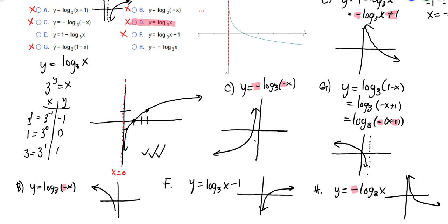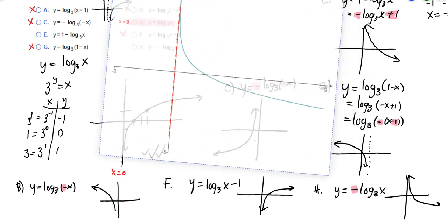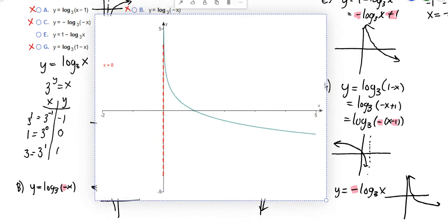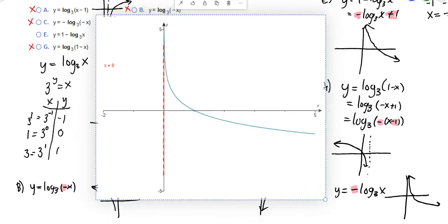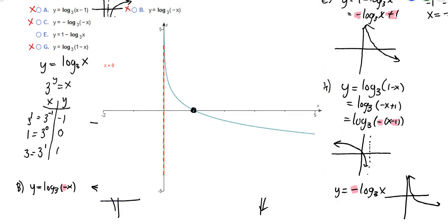So let's see. If I look closer at this picture, I can see that this point right here is 1, 0. And that point would only be on this one right here.